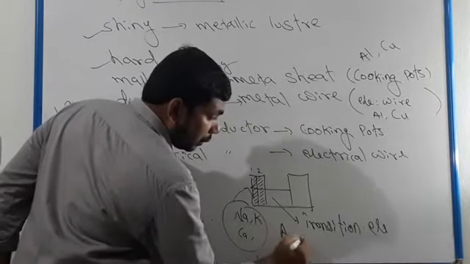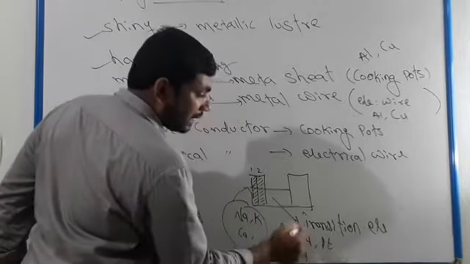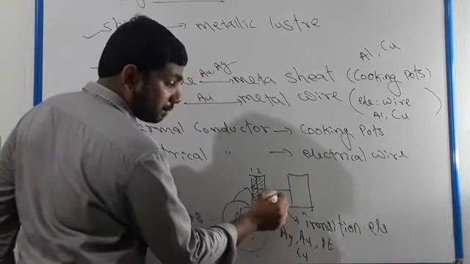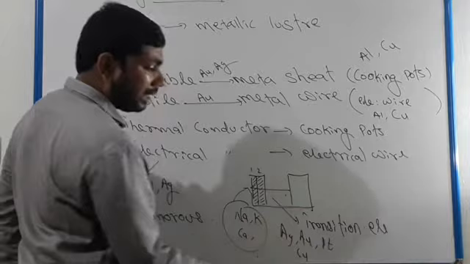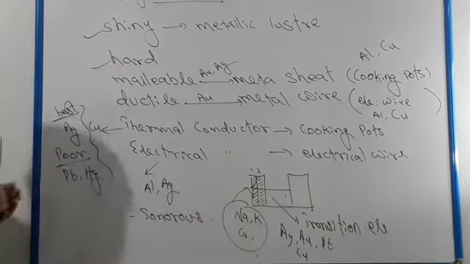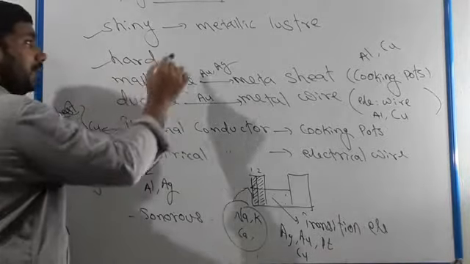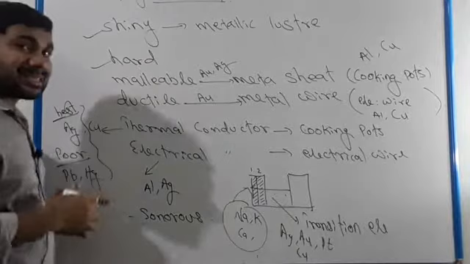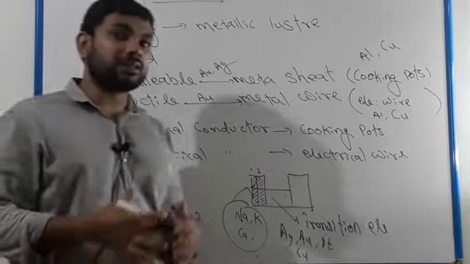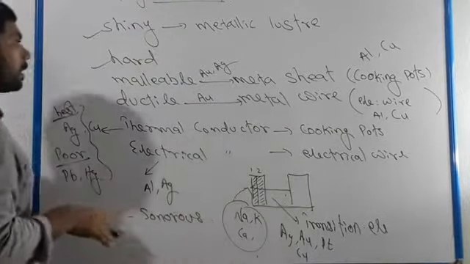Silver, gold, platinum, copper are in this part, the example I gave in the beginning. We discussed that generally metals are shiny and hard. There are exception cases, but generally metals are hard.